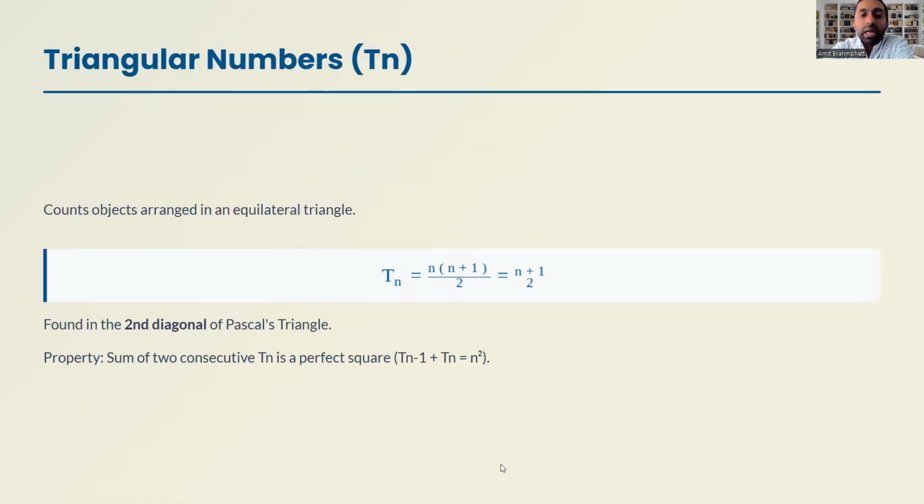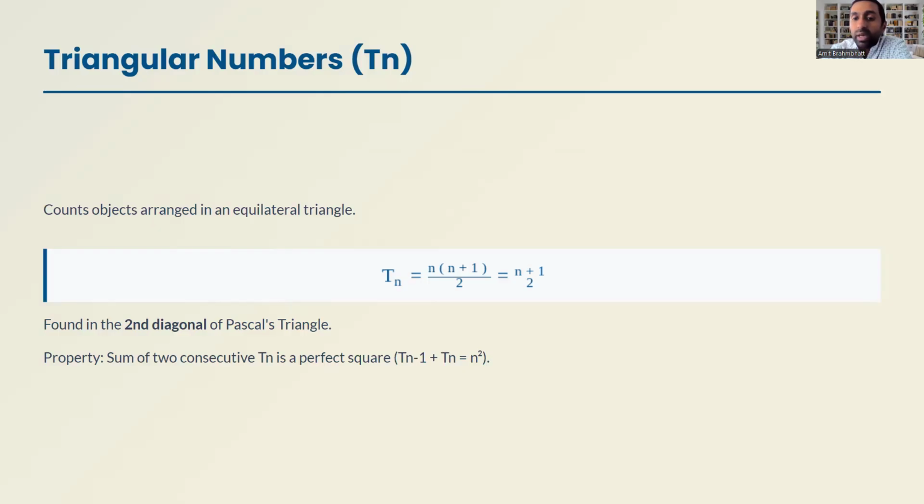So let's talk about triangular numbers. It's denoted by Tn. These numbers represent the number of bowling pins or billiard balls required to form a perfect equilateral triangle of side length n.